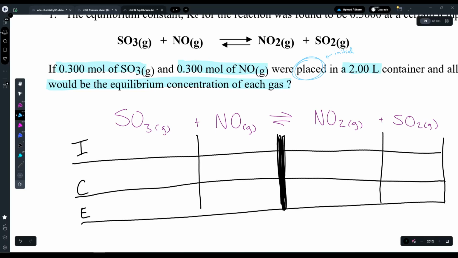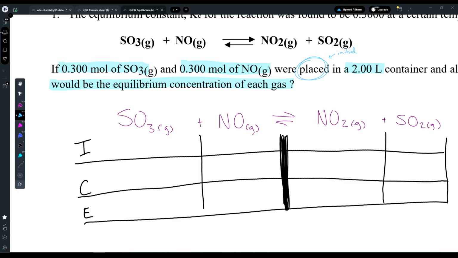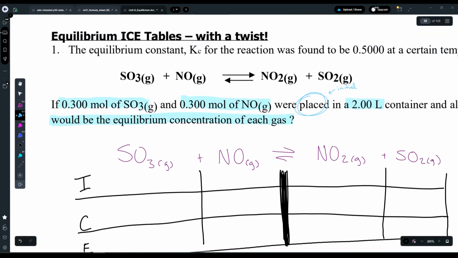Now remember, we have to always use moles per liter for all of these values in the ice table. The question only gives us moles and liters, so we're going to have to do some calculations.